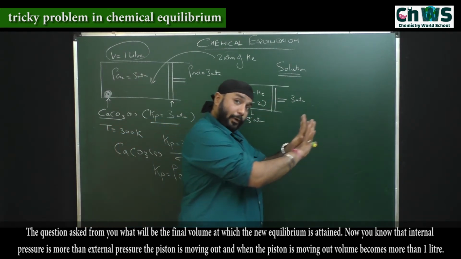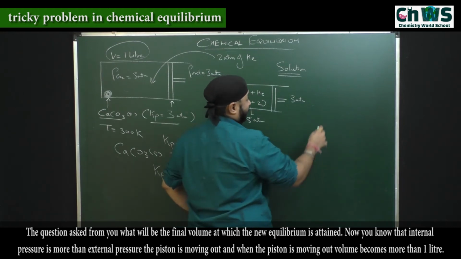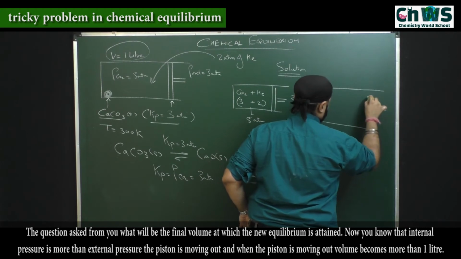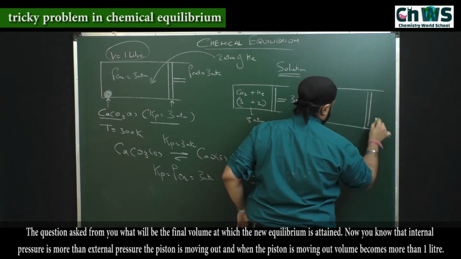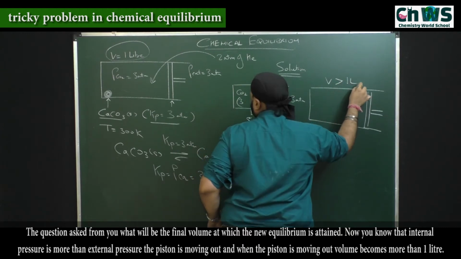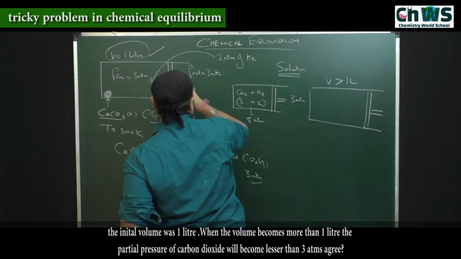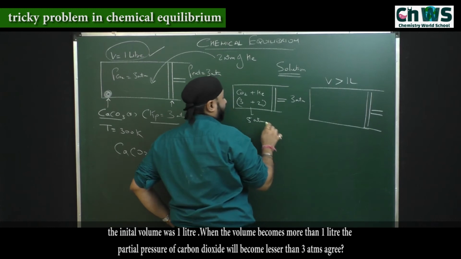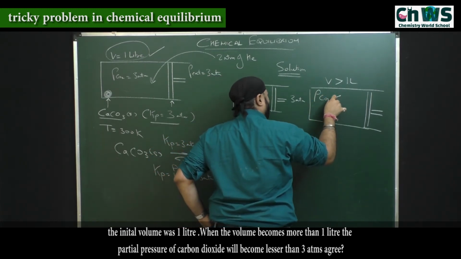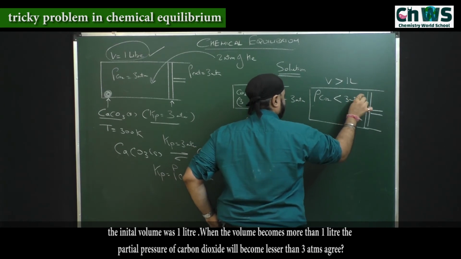The piston is moving out, and if the piston is moving out, the volume becomes more than 1 liter. The initial volume was 1 liter. When the volume becomes more than 1 liter, the partial pressure of carbon dioxide will become lesser than 3 atm. Agreed?